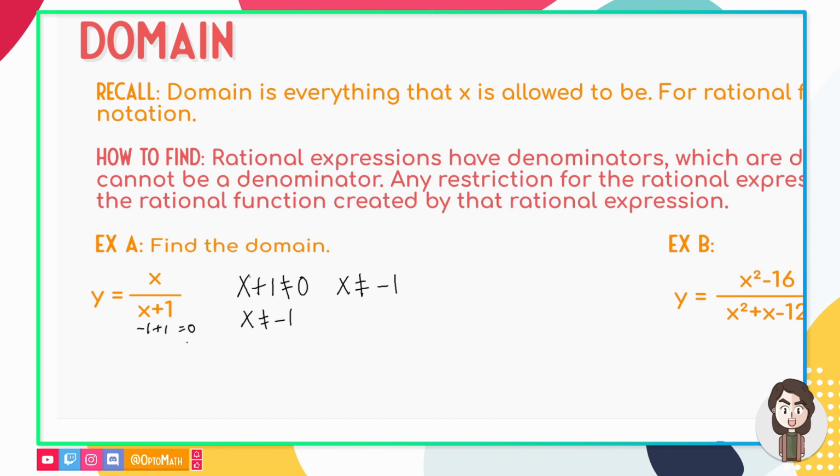And we can't divide by 0. So instead of having our domain just be -infinity to +infinity, we've got to make a break on the inside of this. We've got to make it break at -1. So that means we're going to go from -infinity up to -1, and we say up to, which means we're going to have that parentheses here instead of a bracket, because we can't equal -1.